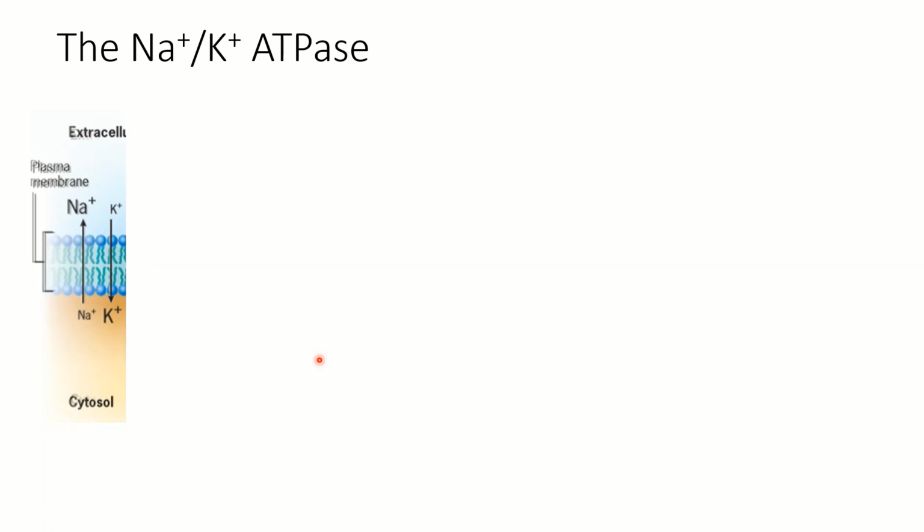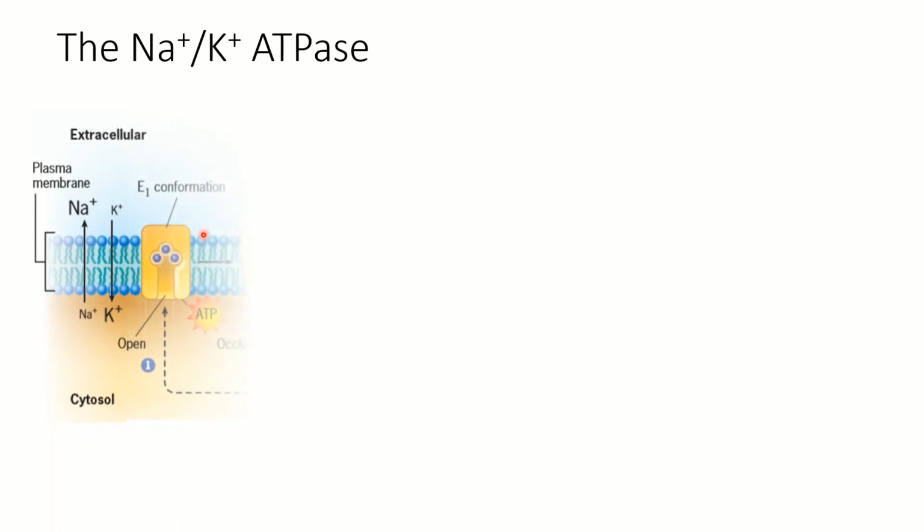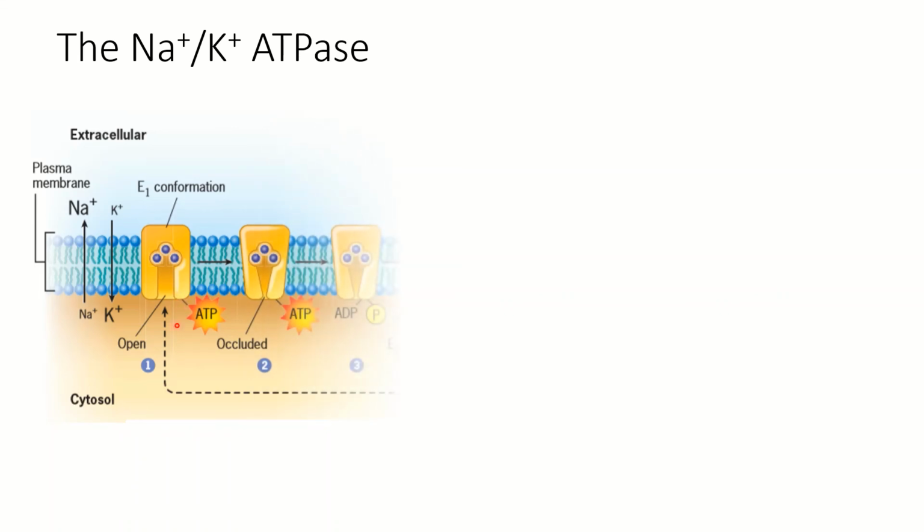So here's how the sodium-potassium ATPase works. ATP first needs to attach to the channel, causing the channel to bind with it the sodium ions. These are the sodium ions.